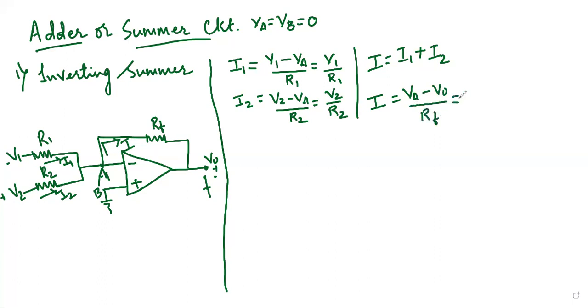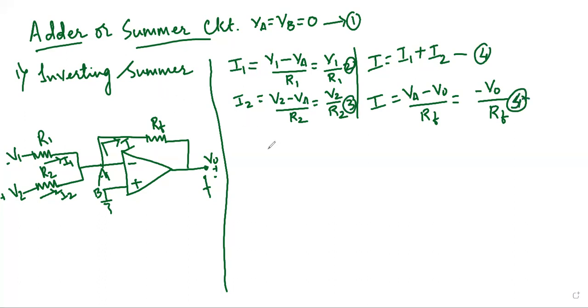If we substitute the value of VA, which is 0, we will remain with minus V0 by RF. Now, if I name these equations as equation 1, this one is equation 2, this is 3, this one is 4, and this one is 5.